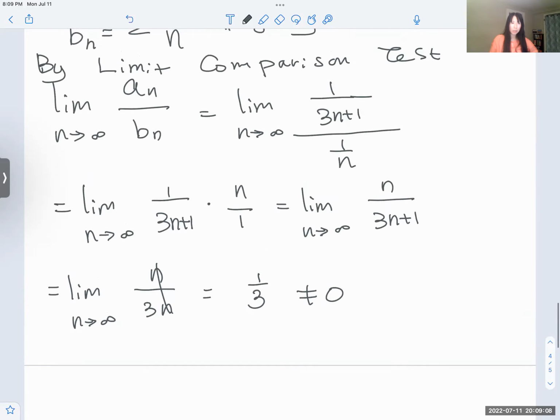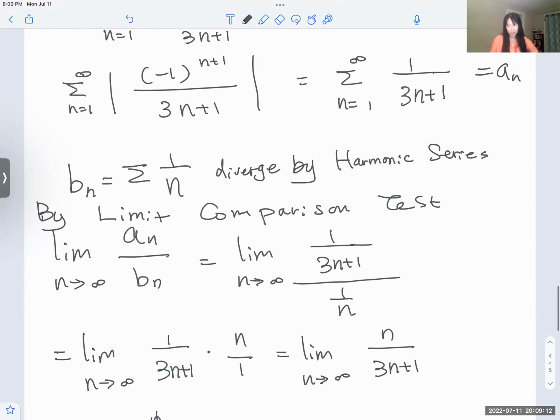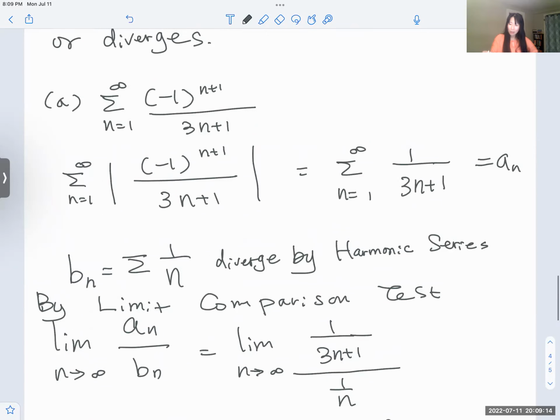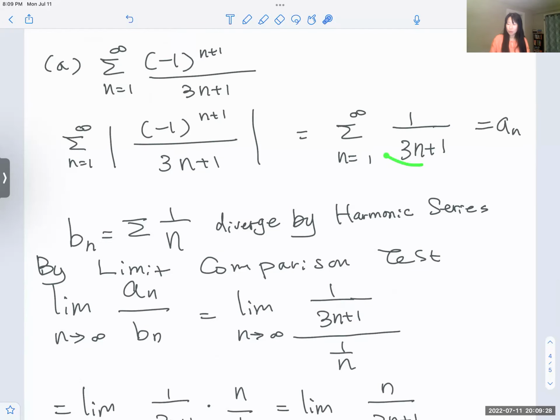So how do we set it up? We take the absolute value, right? Then we show that with this one, by the limit comparison test, this diverges. Now we can say this diverges, right?